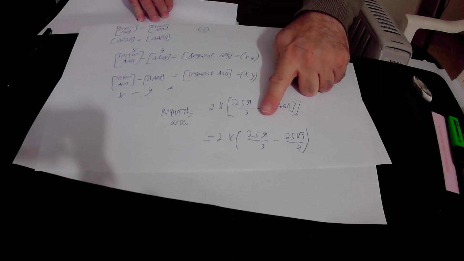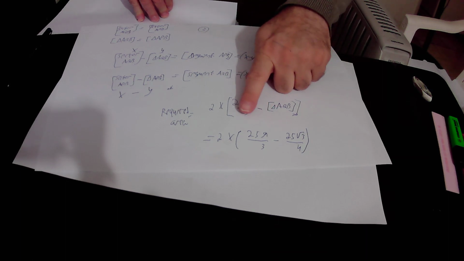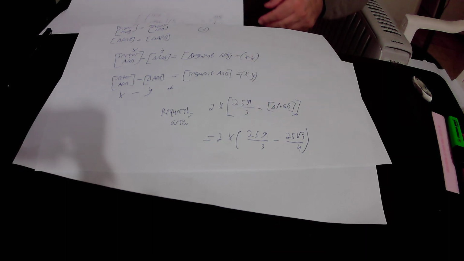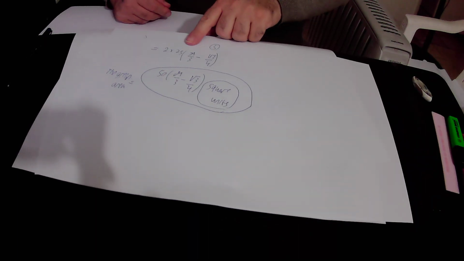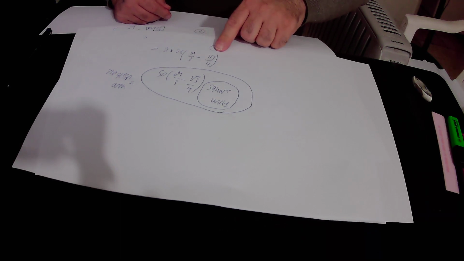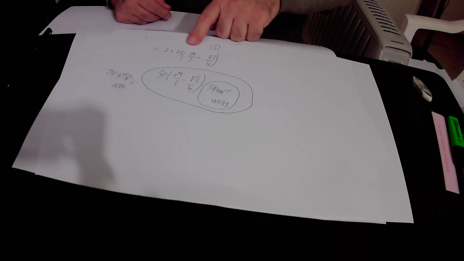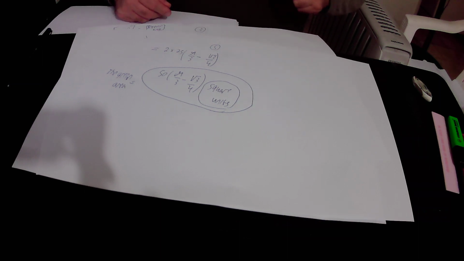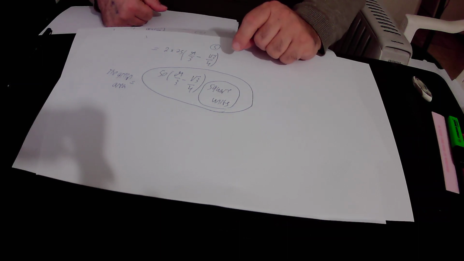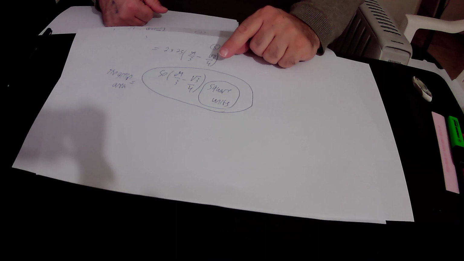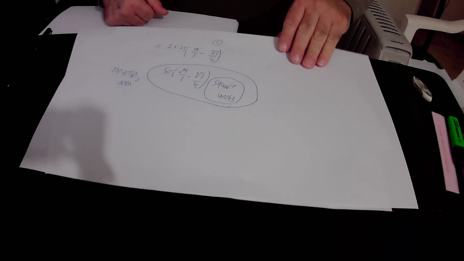Inside the bracket what is left is pi over 3 minus square root of 3 over 4. 2 times 25 is 50. So in conclusion, the area of the green shape equals 50 times pi over 3 minus square root of 3 over 4 square units.